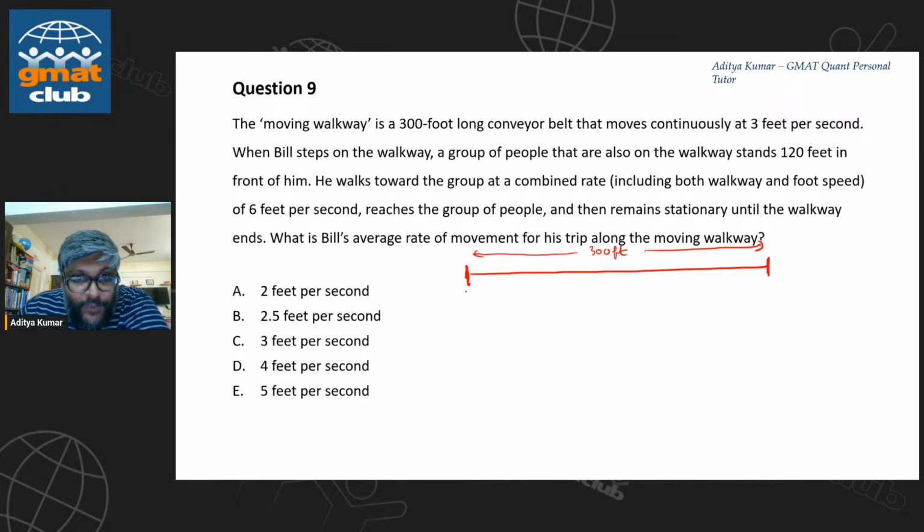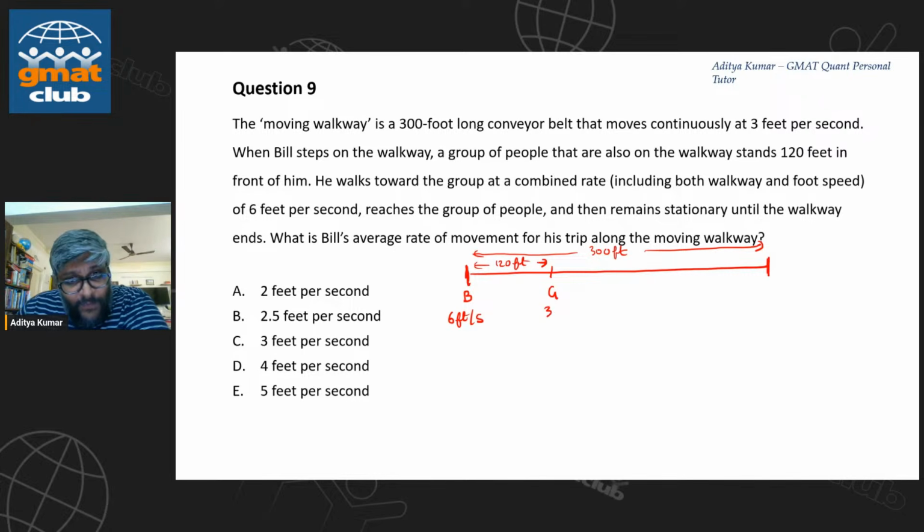Bill steps on the walkway. So Bill is here. A group of people that are also on the walkway stand 120 feet in front of him. This is 120 feet. He walks towards the group at a combined rate, including both walkway and foot speed, of 6 feet per second.